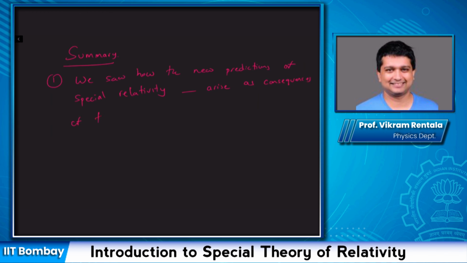They're just direct consequences of the postulates of special relativity. And the key postulate is the constancy of the speed of light as measured by all inertial observers.